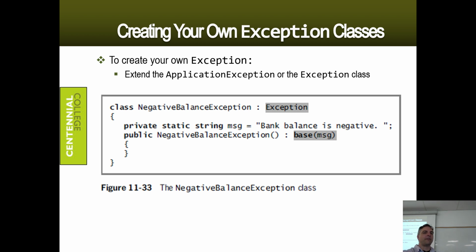For example, negative balance exception. This is the idea that you're going to throw a message. You're going to pass that message back to the base class, which is the exception superclass, right? So whenever you have a negative balance, you're going to throw back that the bank balance is negative, which you can't have.